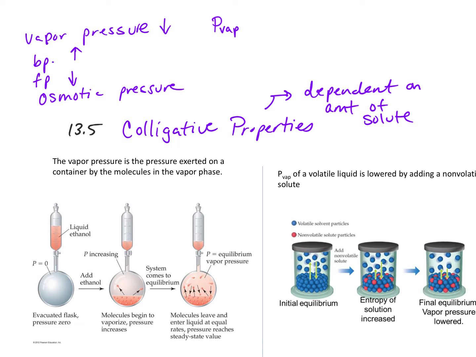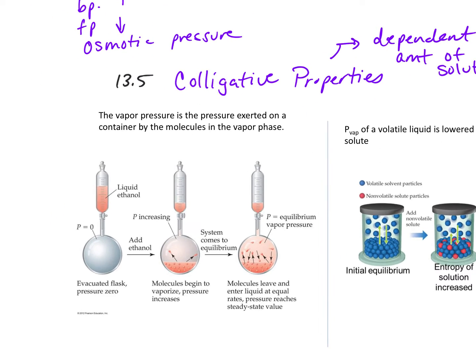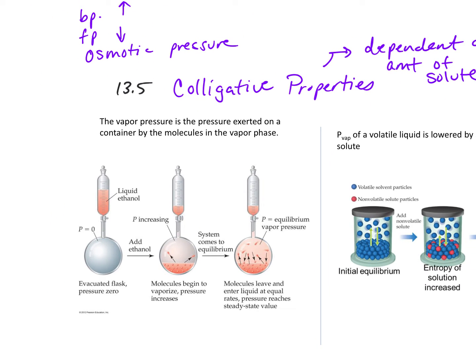So the vapor pressure is the amount of pressure exerted by a gas in a container or in a vessel of some sort. Only the vapor contributes to this pressure measurement, and it's because we have molecules in the gas phase. They're moving around, hitting the walls of the container, causing this pressure.